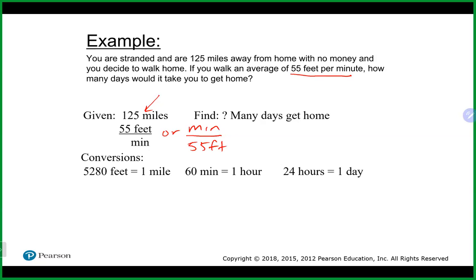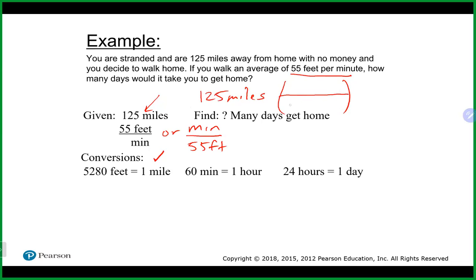So you have to choose one or the other to get it to the same units. So I'm going to convert our miles into feet, and then I can just use the conversion factor the way it is. So I'm going to take my 125 miles and convert it into feet. I'm going to use this equality to do so. And once again, we're going to go opposite.